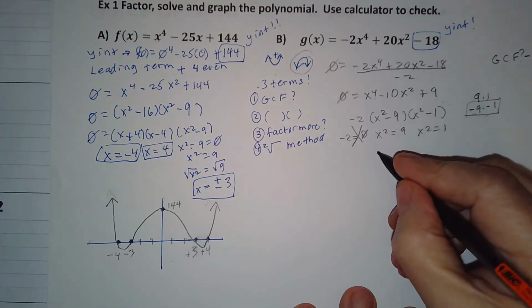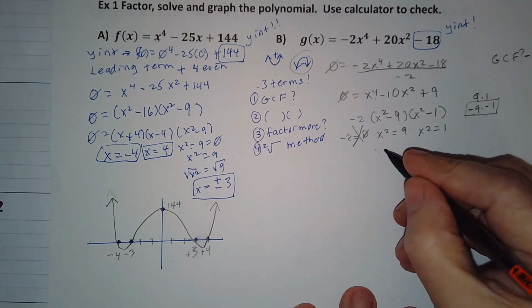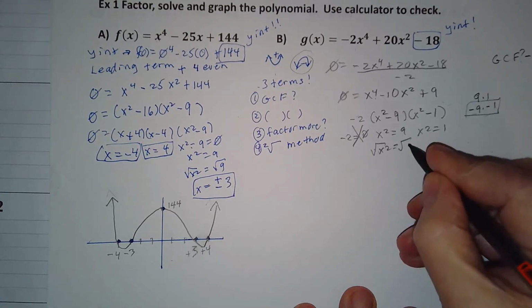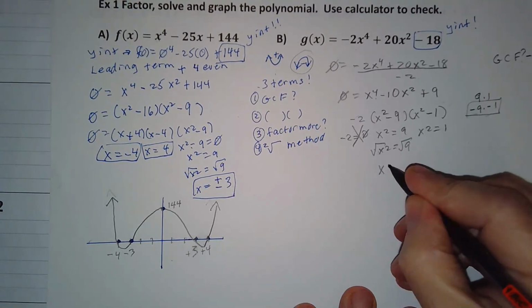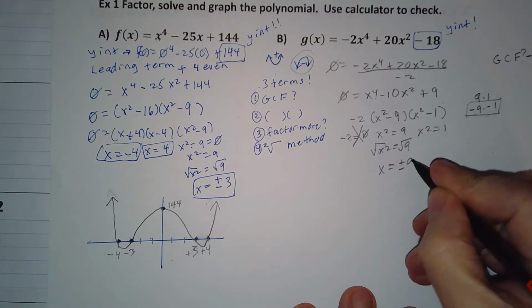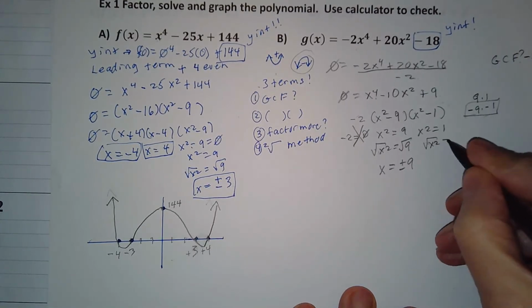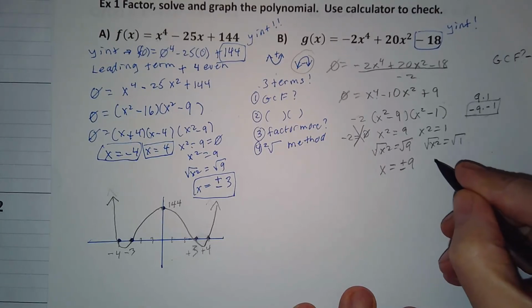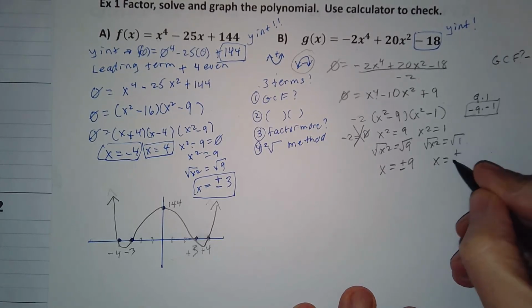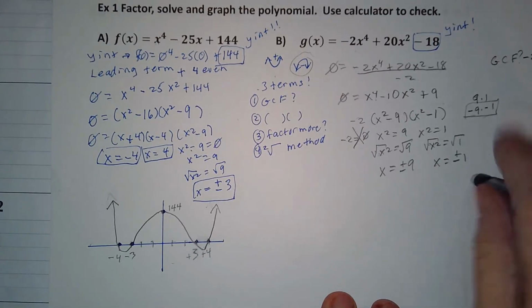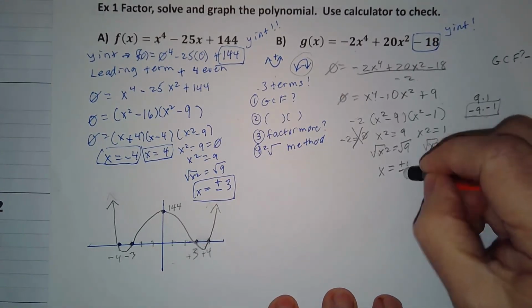And then square root of x squared is square root of 9, and so x equals plus or minus 9. And then over here, square root of x squared equals the square root of 1, and so x equals plus or minus 1. All right, so we've got, oh, this is not 9 here, I'm sorry, this is plus or minus 3.